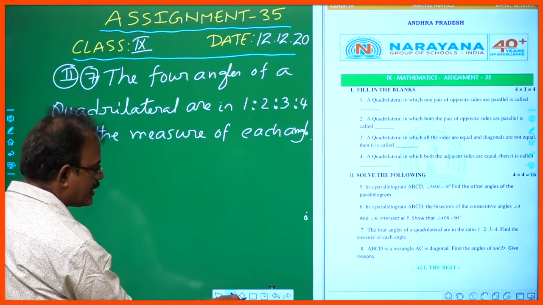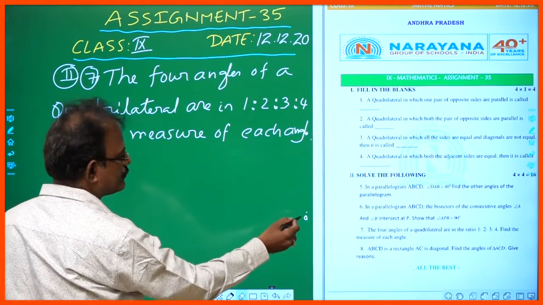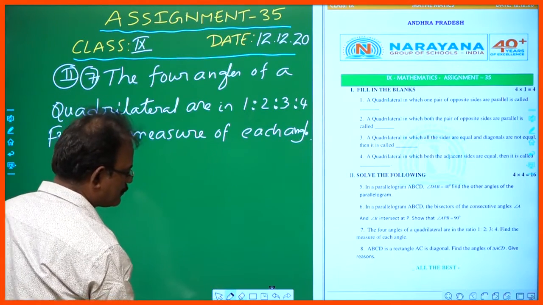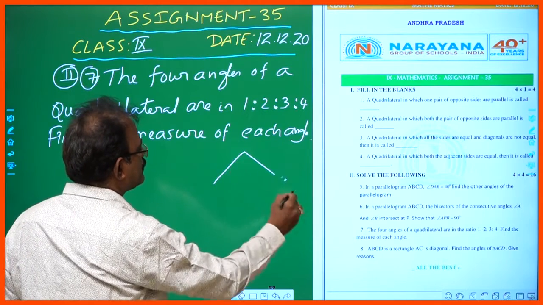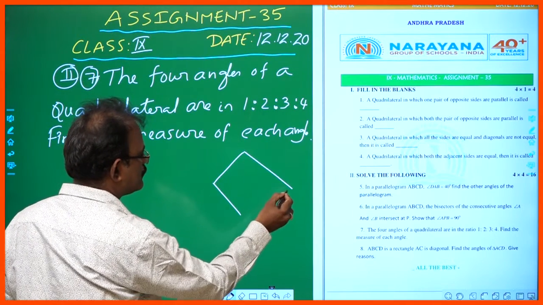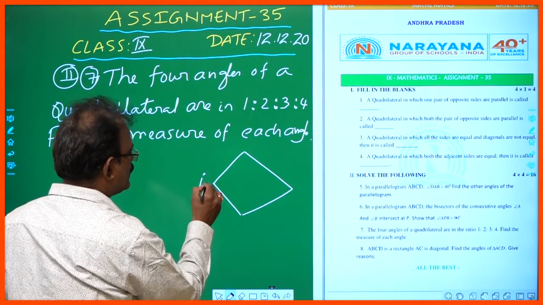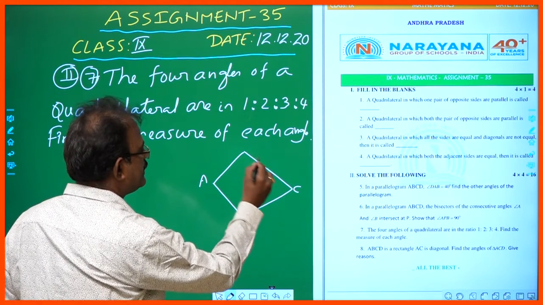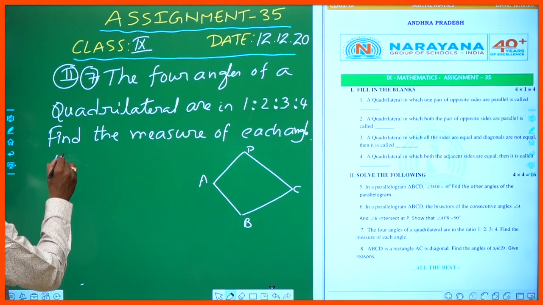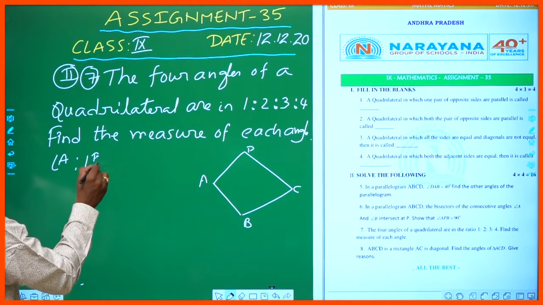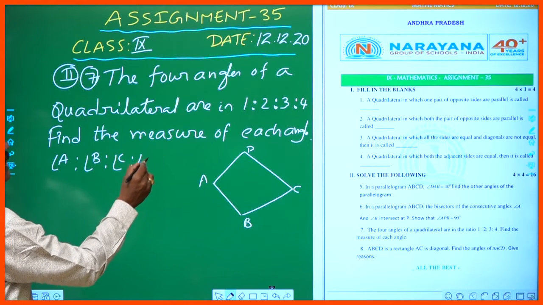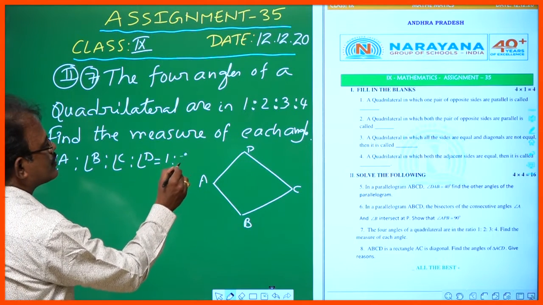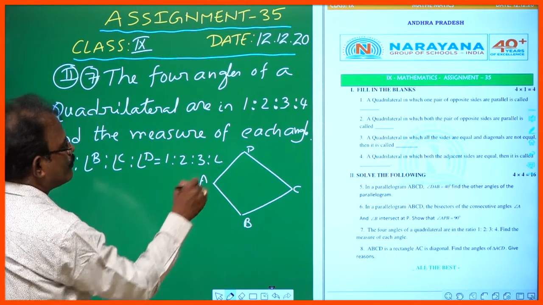Okay, and now you see here a quadrilateral ABCD. Given that the ratio of angles A, B, C, D is 1:2:3:4.